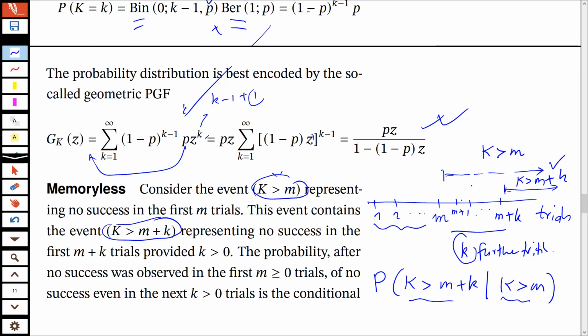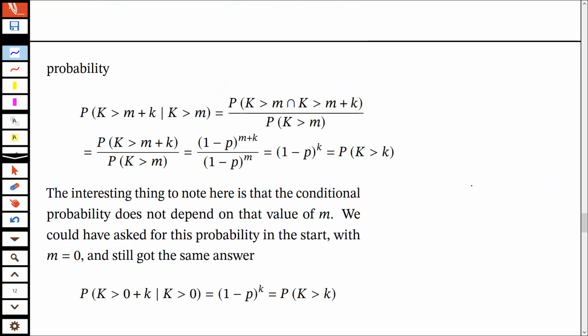So which means that the probability, let me read this out: given that no success was observed in m trials, the probability that I will still not observe the first success, because this greater than means still not, even in the next k trials, starting counting after m.